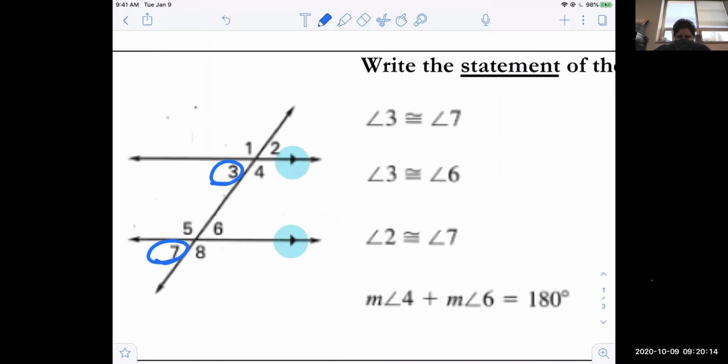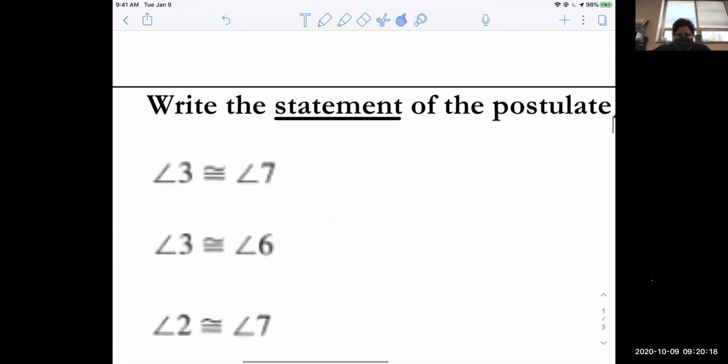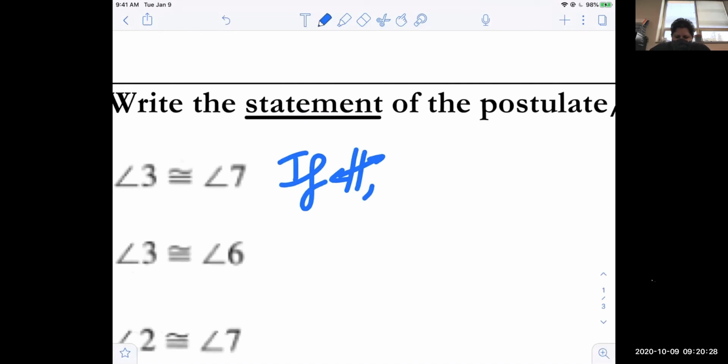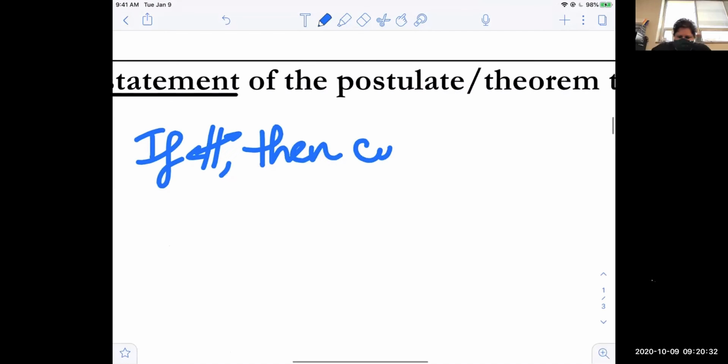Scott? Okay, so I can't just write corresponding because it says write the statement of the postulate or theorem. So I'm going to write: if parallel lines are cut by a transversal, then corresponding angles will be congruent.